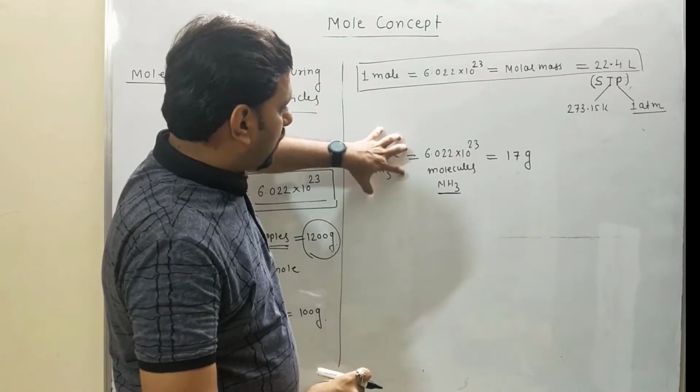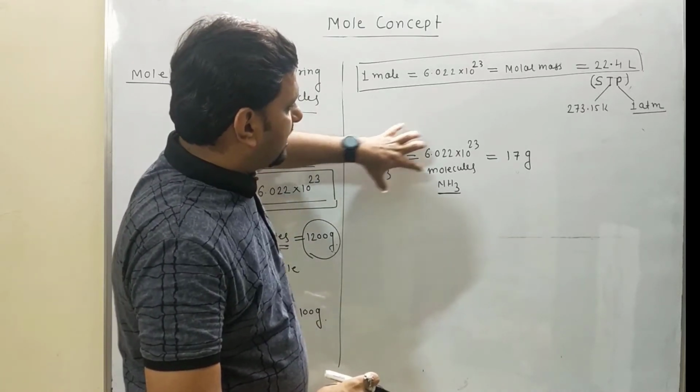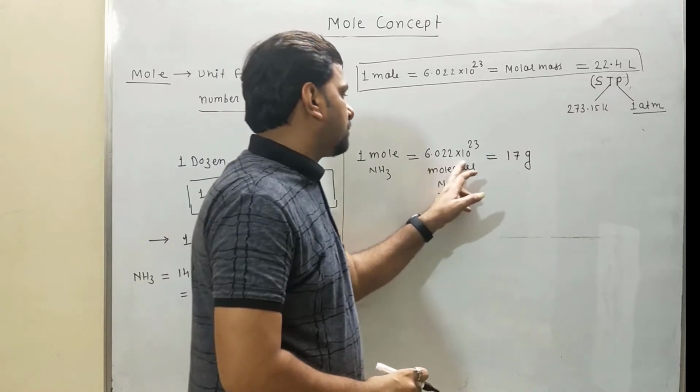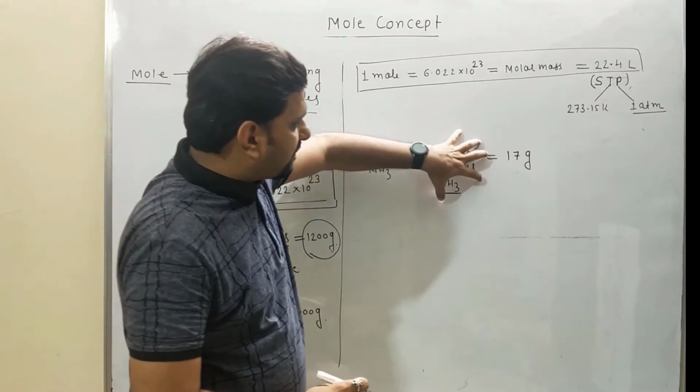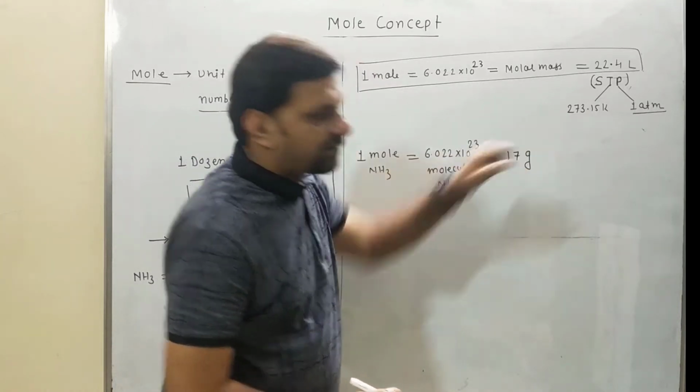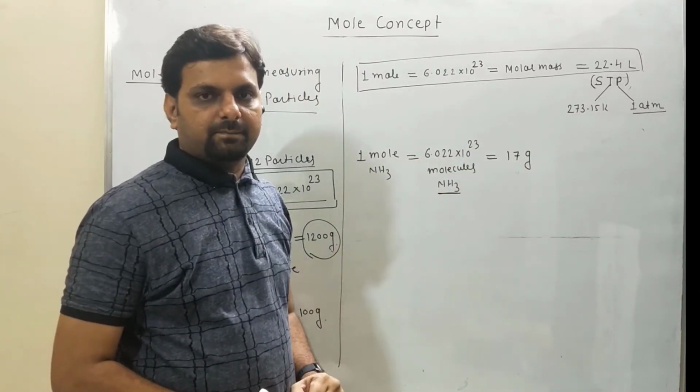So 1 mole of NH3 consists of 6.022 into 10 raised to 23 molecules of NH3, and the mass of these molecules would be 17 gram.